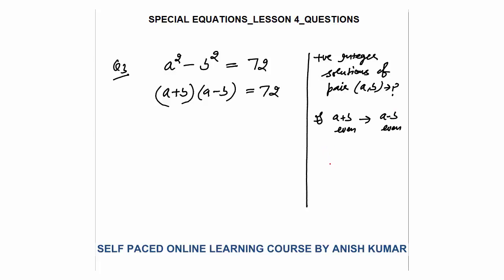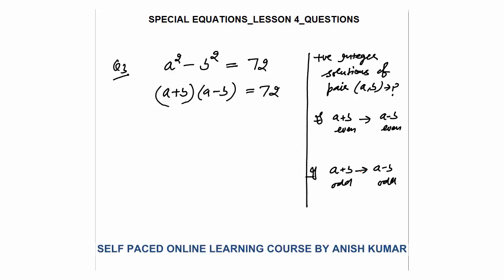And the same is true if a plus b is odd: then a minus b is always odd. So both have the same parity. Either both are even or both are odd.